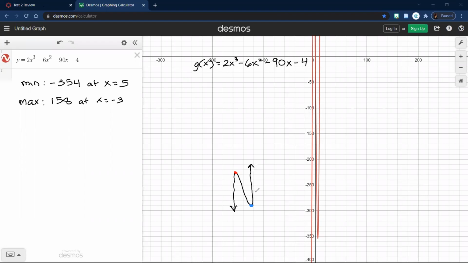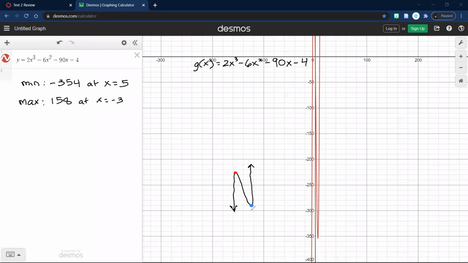The blue. The blue is, and it's considered a minimum because it's a minimum point and the graph goes up, right? It's a lower point, so it's the minimum. Remember, since we're dealing with y values, our minimum point is a really low number, negative 354, whereas our maximum point, 158, is a really high number.